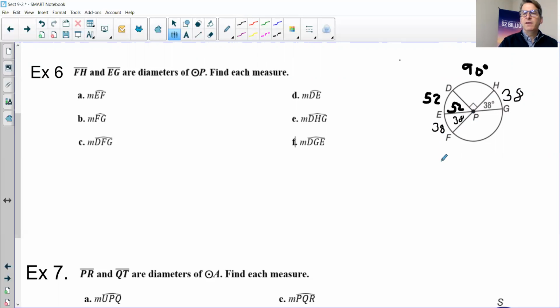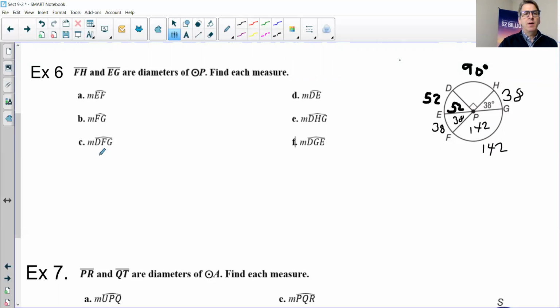And if this is 38 and this is the diameter, FPG is 142. So I've got my circle all labeled.